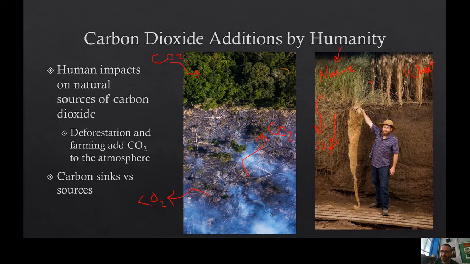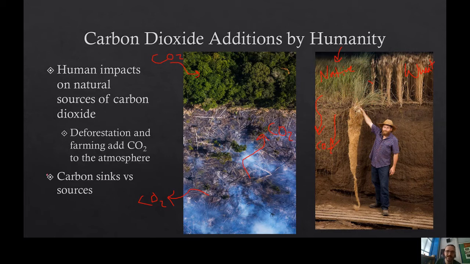This wheat on the right just is not going to be comparable. So pretty much all of our agricultural practices, because we are killing and destroying some natural ecosystem, whether it's a forest or a grassland, we are contributing a lot of CO2 to the atmosphere.